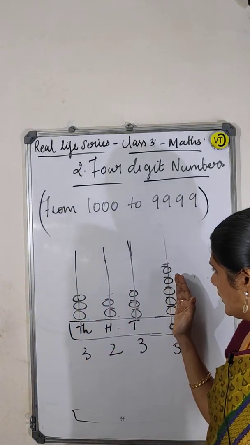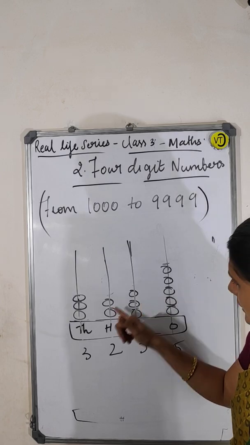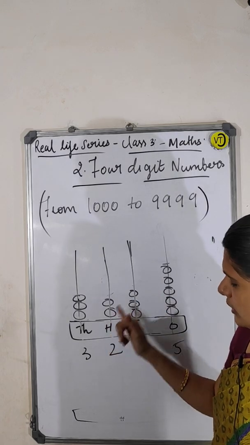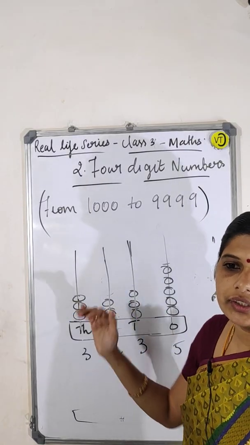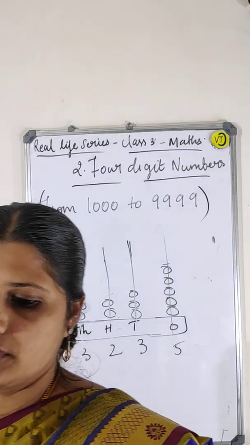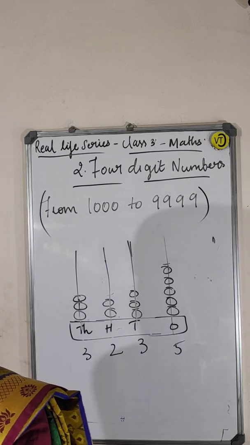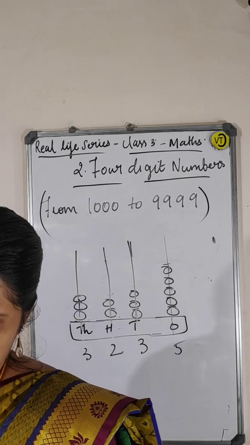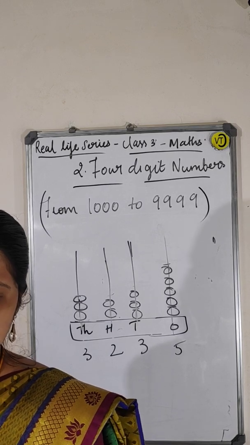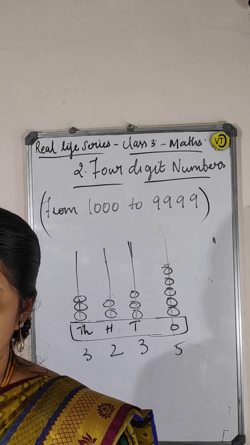First ones beads, you check it, count the beads, write it, and tens beads you check it, and hundreds rod, then thousands rod you check it, then you can write the numbers. Okay. So this way you can represent the numbers through abacus, and now abacus through numbers also you can write it.